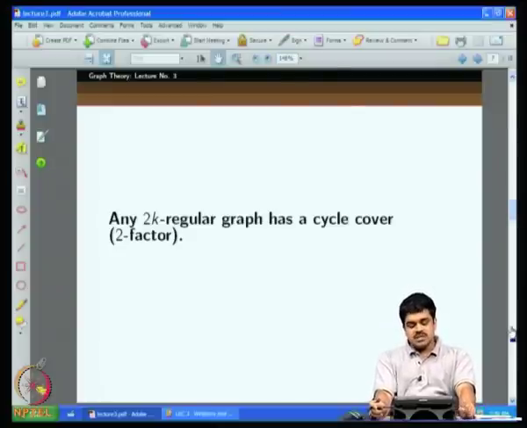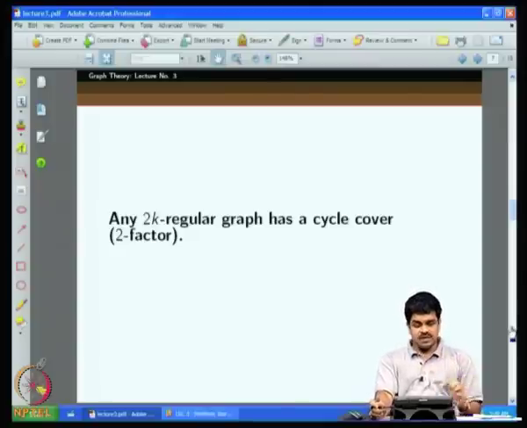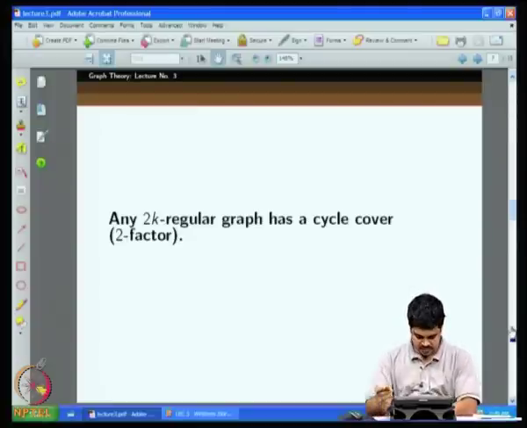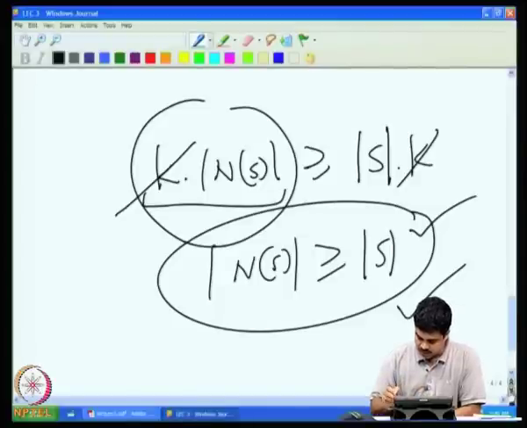So, you consider any undirected graph which is 2k regular, that means all the vertices have degree 2k. We want to say that it will have a cycle cover. That cycle cover we have already discussed, it is also called 2 factor. That means you can get a collection of cycles. So, let us go here, what is a cycle cover?